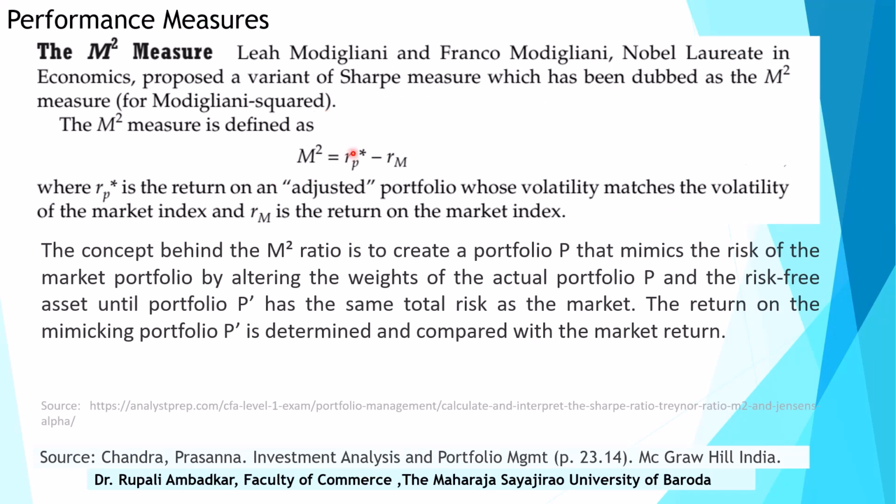So the concept behind this M-square ratio is to create a portfolio P such that it mimics the risk of the market portfolio by altering the weights of the actual portfolio P and the risk-free assets until portfolio P has the same total risk as the market. The return on the mimicking portfolio P is determined and then it is compared with the market return.